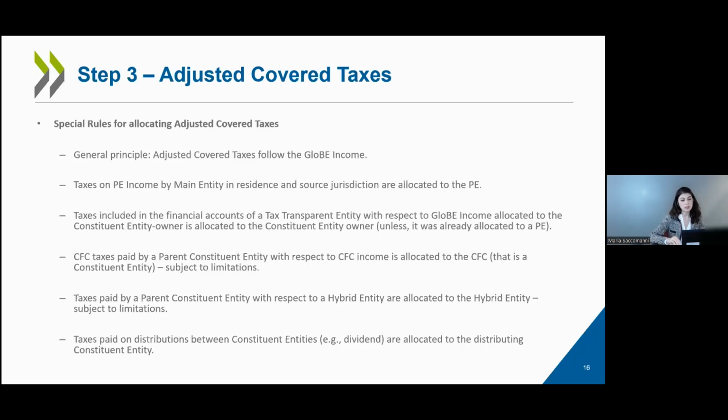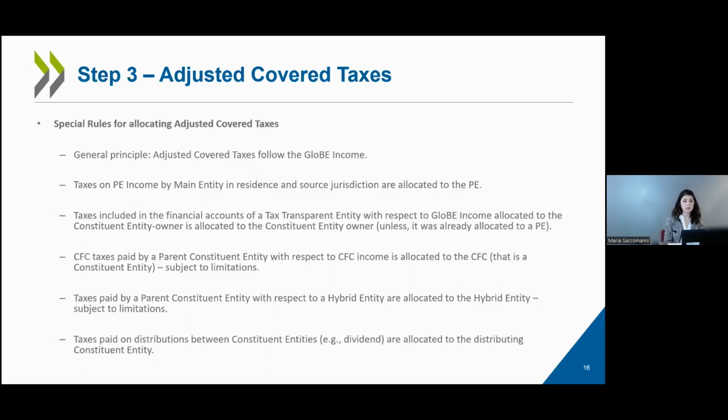And so here the taxes that are paid at the level of the parent, which refer to the hybrid entity, shall be allocated to the hybrid entity. But here the specific limitation as well applies, also the limitation in respect of the passive income that we have seen for the CFC.